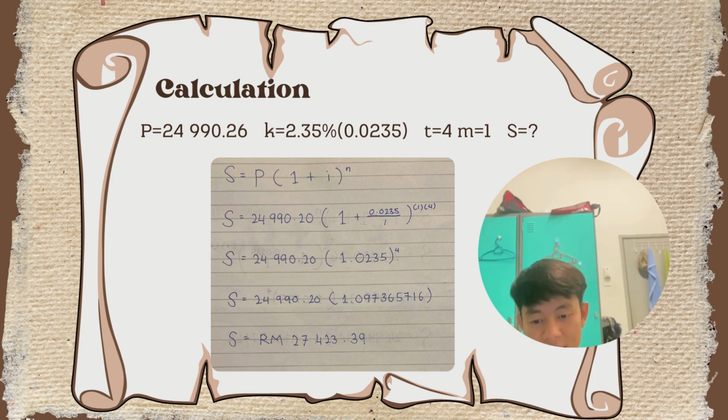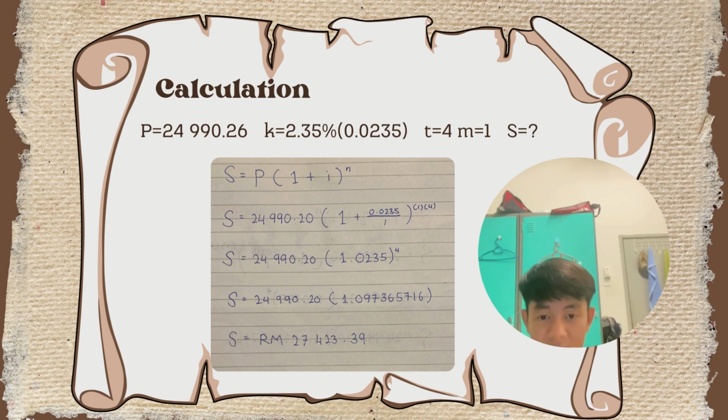So, calculation. First we need to find the principal. The principal is 24,920 cents. The rate is 2.35% or 0.0235, the term is 4 years, and M is 1.